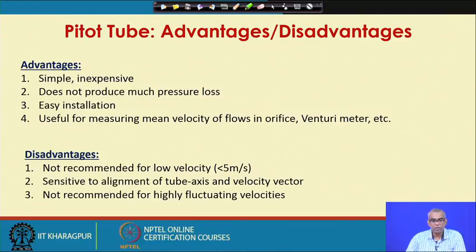This is not recommended for low velocity lower than 5 meter per second. What will happen is this: under such situations measuring the pressure difference will be difficult. The functioning of Pitot tube is sensitive to alignment of tube axis and the velocity vector. Pitot tube is also not recommended for highly fluctuating velocities.